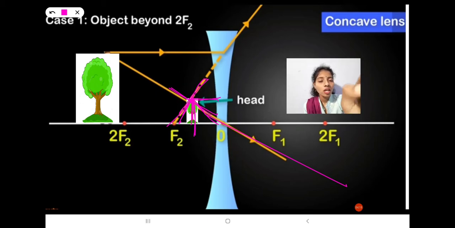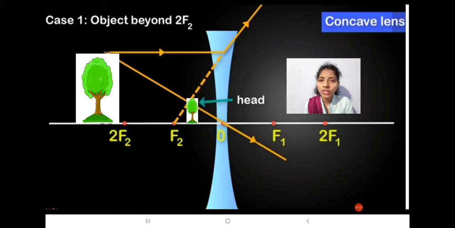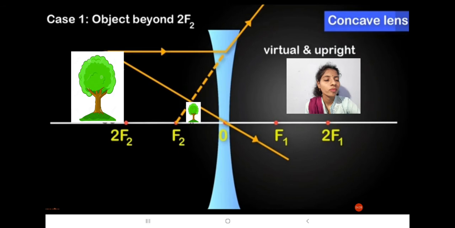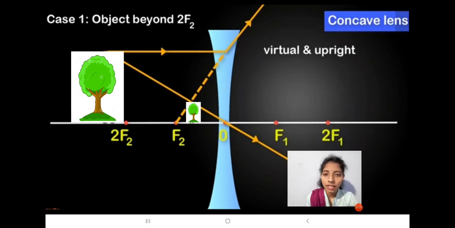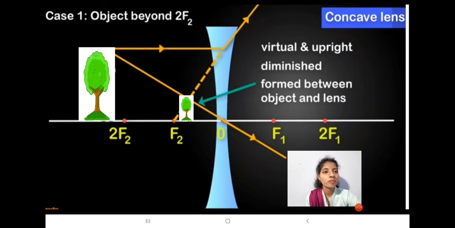Yes, here we are passing the light ray from the head of the object. So here we got the image also upright. So what are the properties of this image? The image is virtual and upright.